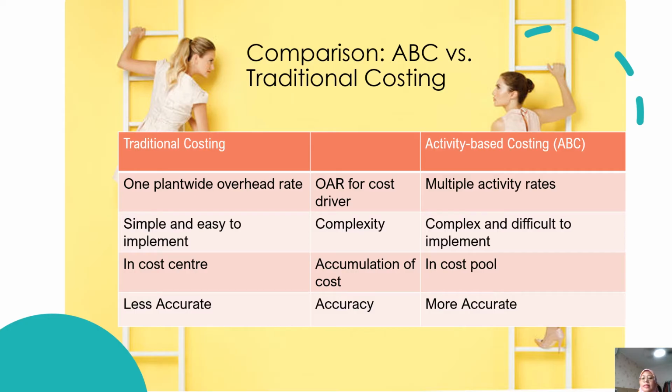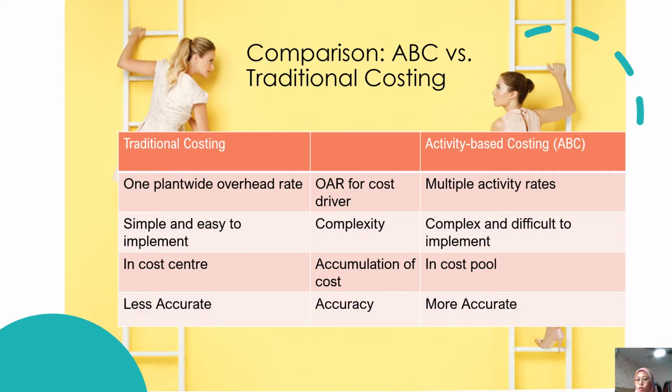The third one is accumulation of costs. In traditional costing, costs are accumulated in cost centers. If you can recall what you learned in the previous chapter, for traditional overhead costs, all the costs will be allocated based on department.